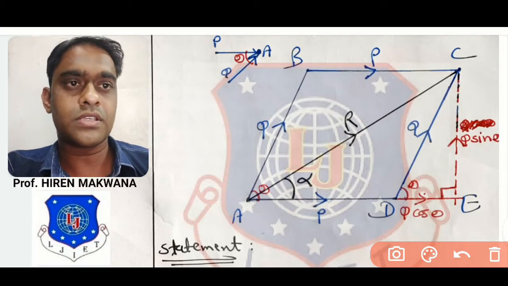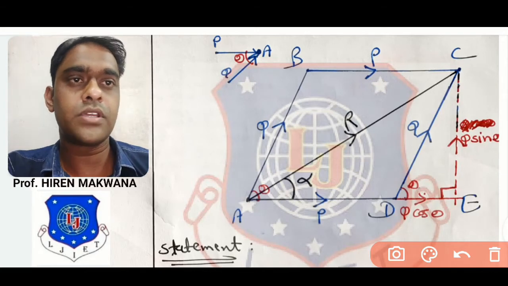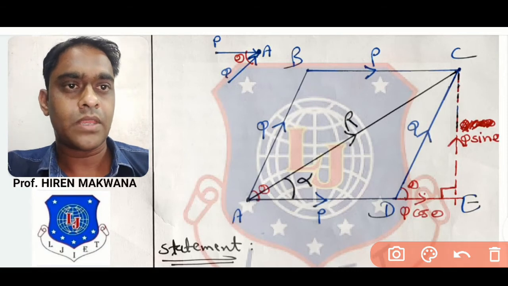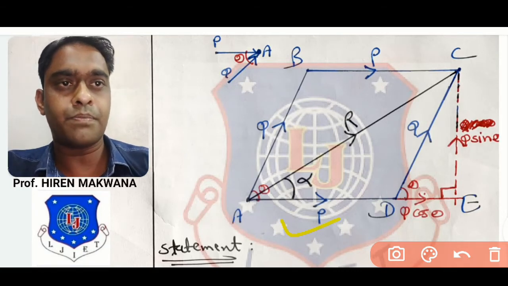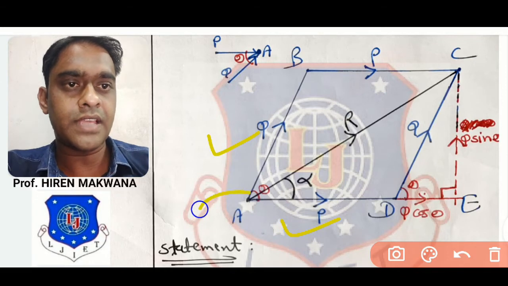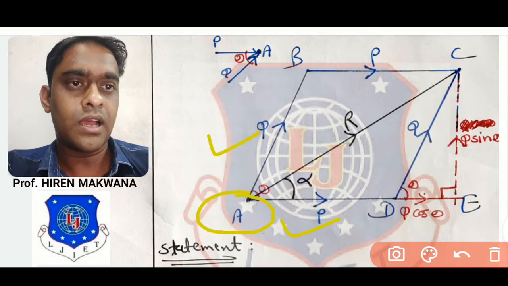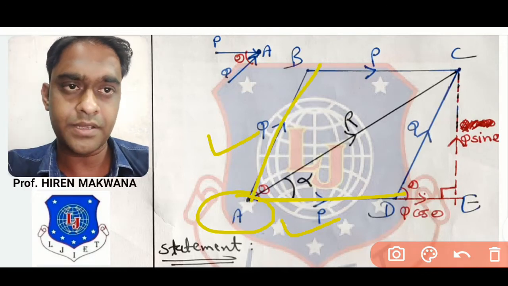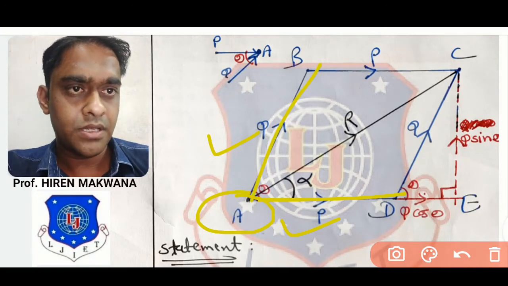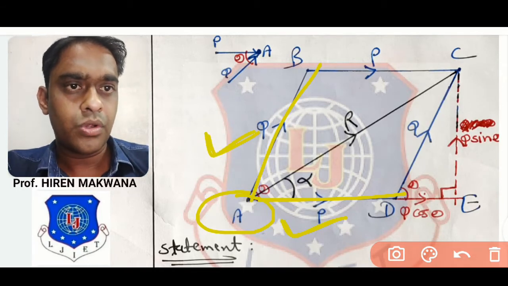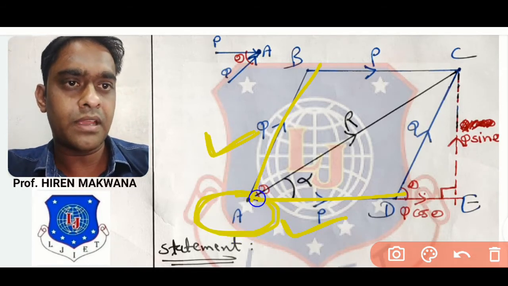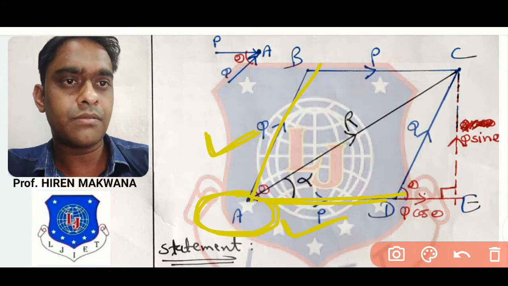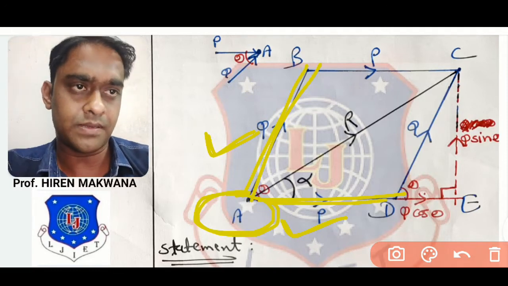But before this, what is the statement of the law of parallelogram of forces? Say this. What is the statement? Two forces P and Q acting simultaneously on a particle A are represented by two adjacent sides of a parallelogram, like this.